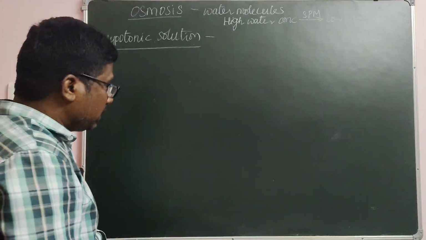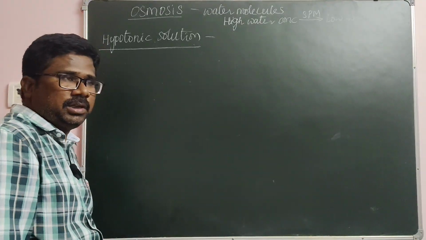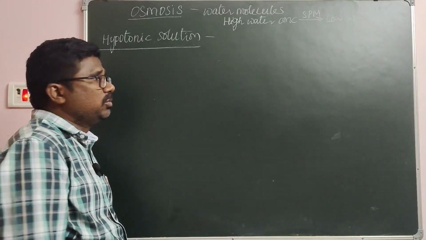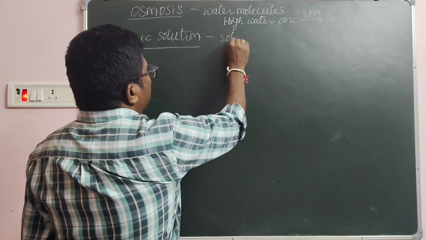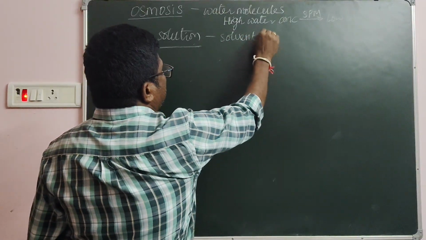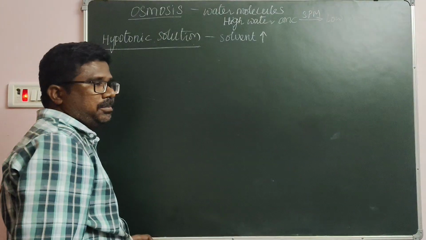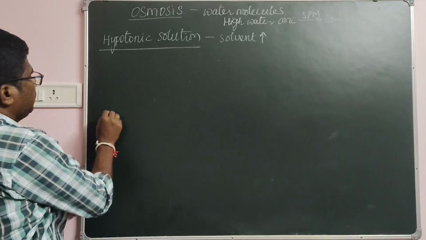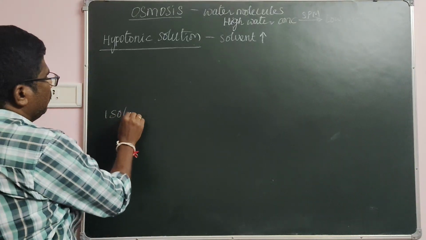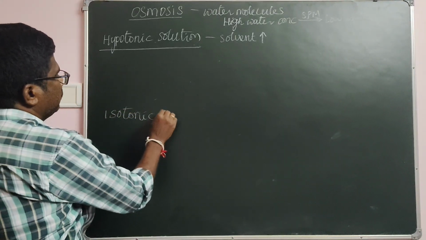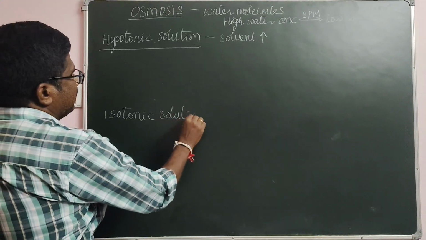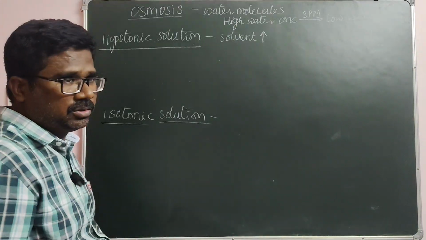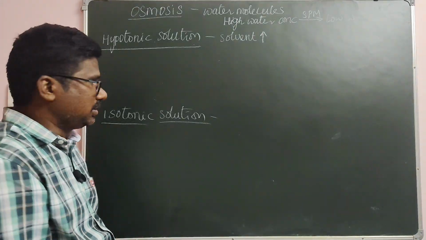Hypotonic solutions. In these solutions, the liquid part, solvent, will be more and solute will be little. More solvent and little solute. Next, another one is isotonic solution. Both the concentrations, solvent and solute, will be in equal concentrations.